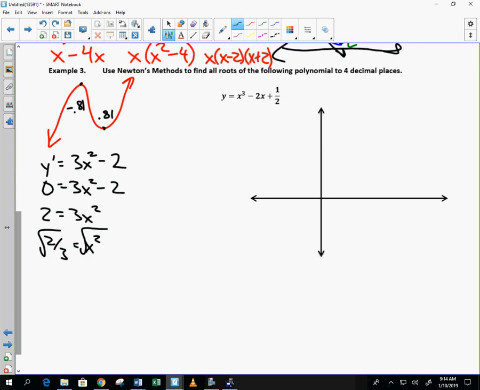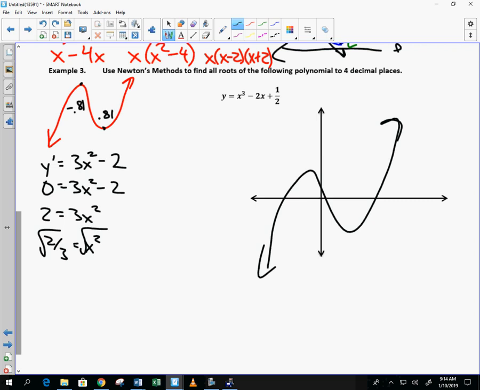So I don't want to guess at 0.81 or negative 0.81. Everybody agreed? So I'll try to find the one in the middle in case it crosses the x-axis. Remember, folks, we don't know if it goes like this or like this or if it goes like this.